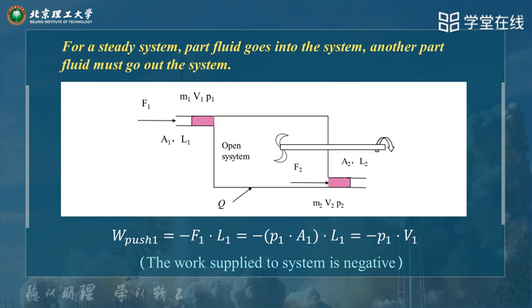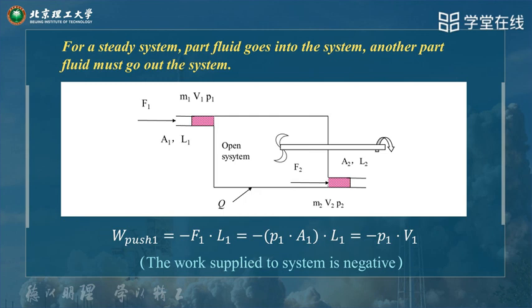We know the gas goes into the system and then goes out into the surroundings. Certainly, there is different velocity and different height, so there is some potential energy change.